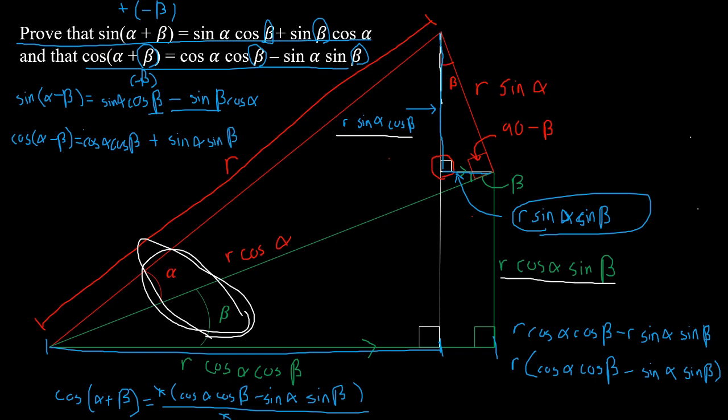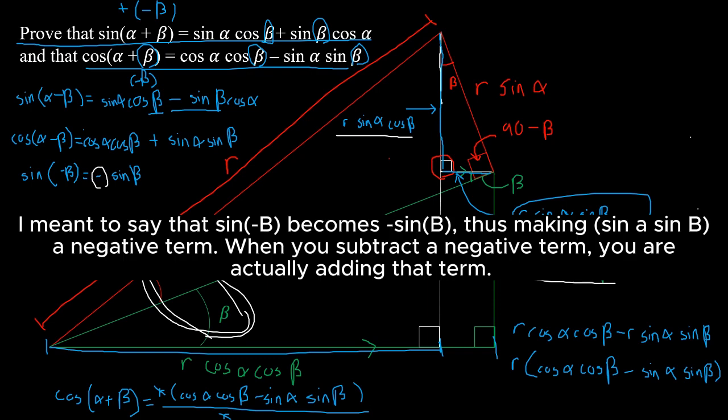Again, we know that sine of negative beta is equal to negative sine beta, but this negative sign multiplied by the negative sign over here is going to make a plus sign. So that's why we have a positive sign instead.